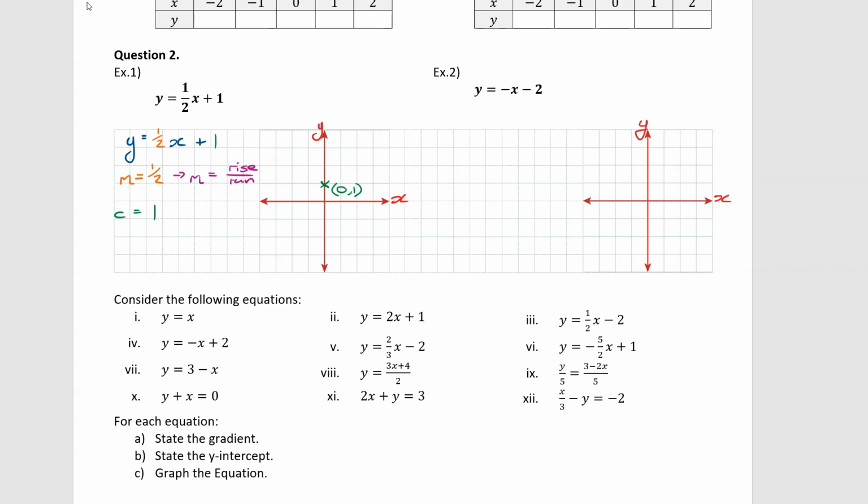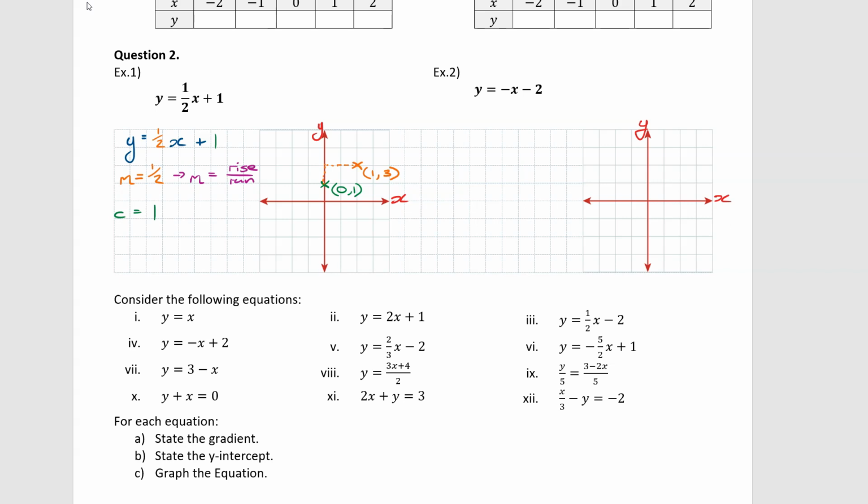So what that means is we're going to go up 1 and then across 2. And this point here, that's going to give us our next point. So going from there, we can go, well, 0 plus 1 is 1, and 1 plus 2 is 3. So the next point's at 1, 3.